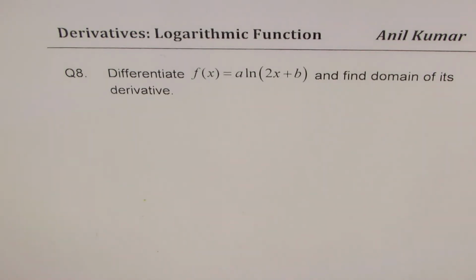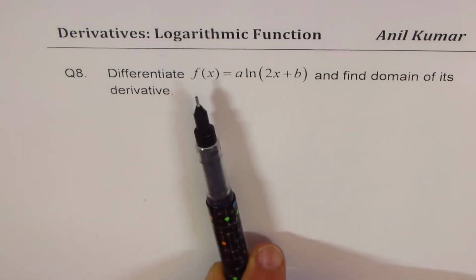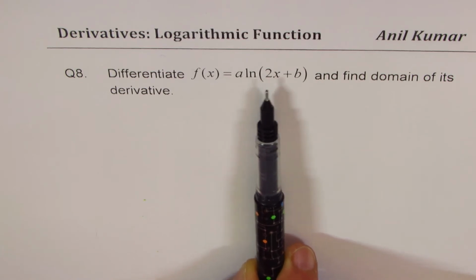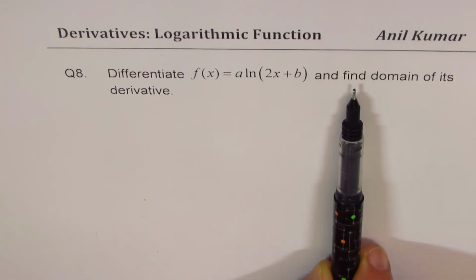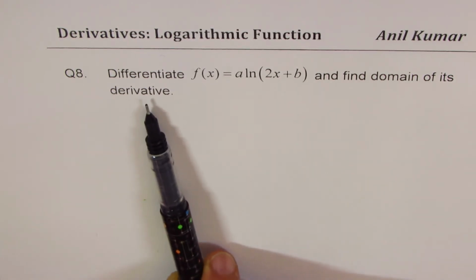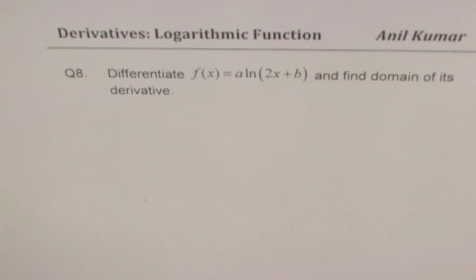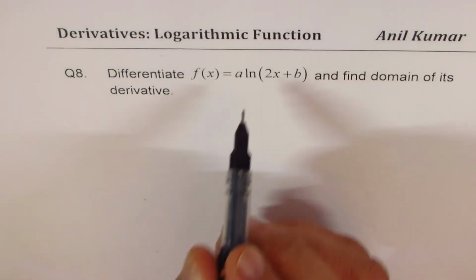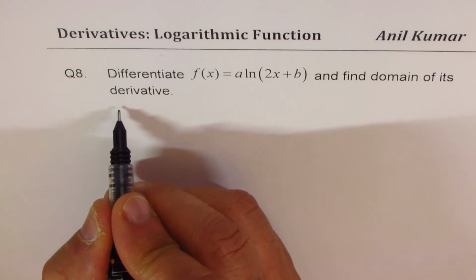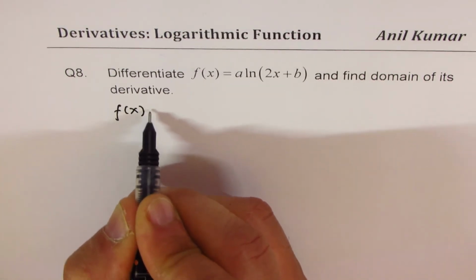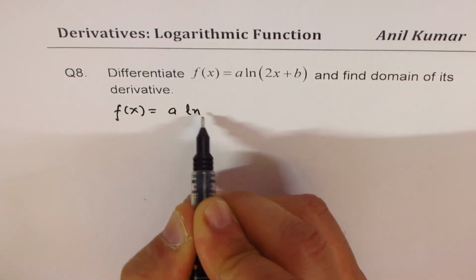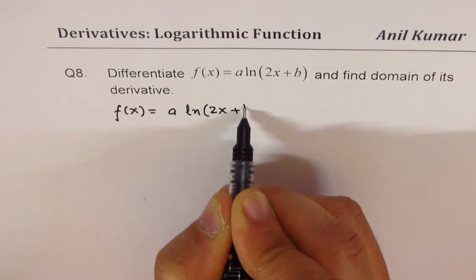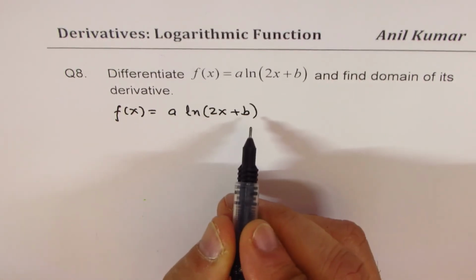Question number 8 here is, differentiate f of x equals a ln(2x plus b) and find the domain of its derivative. So let's find the domain of this function. We have f of x equals a ln(2x plus b), where a and b are constants.